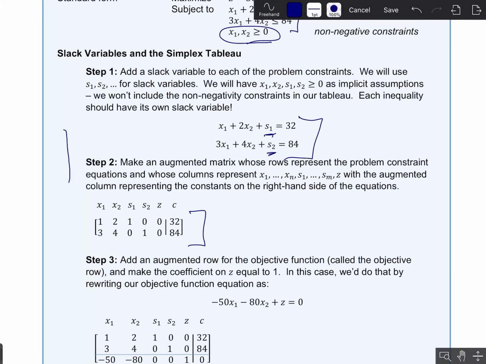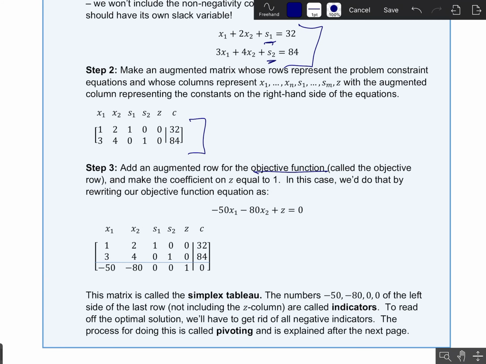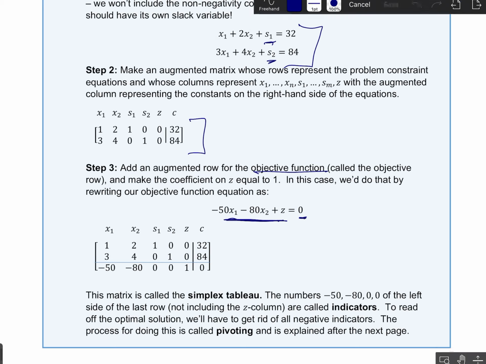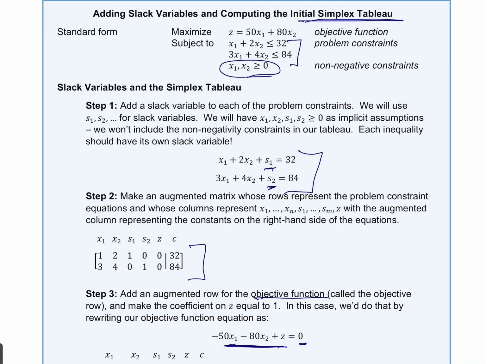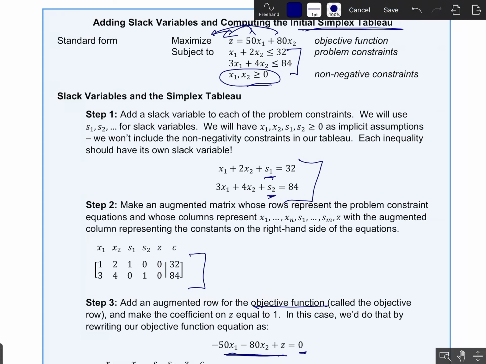And then there's going to be one more row in our matrix. That row is going to correspond to our objective function row. And here what we want is the coefficient on z to equal 1, but we also want to collect all of the variables on the left side so that we just have a constant on the right side. So notice that up here we had the objective function z is equal to 50x1 plus 80x2. What I would do here is move both of these over to the left side of the equation so that my right side is just a constant.